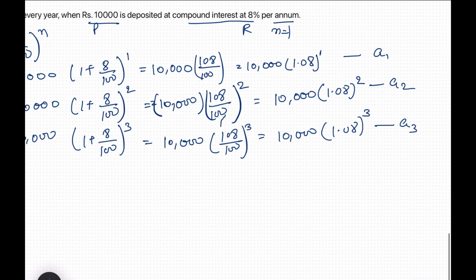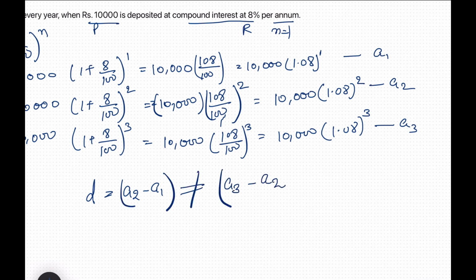Clearly we can say A2 minus A1, which is the difference, is not equal to A3 minus A2, correct? Because if we take a difference here, you can check it here: 10,000 into 1.08 squared minus 10,000 into 1.08.